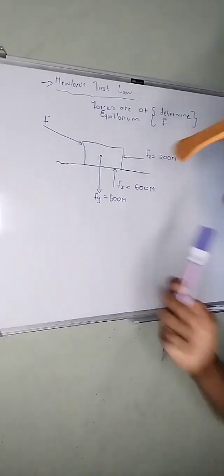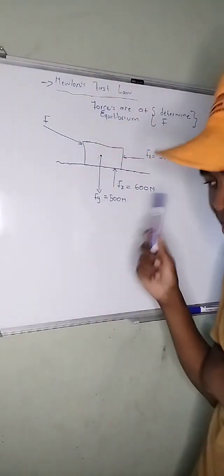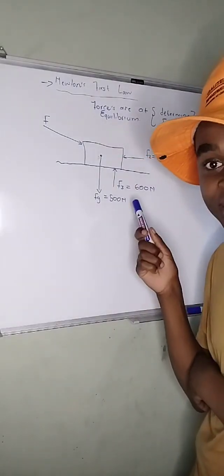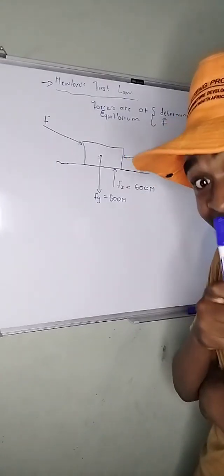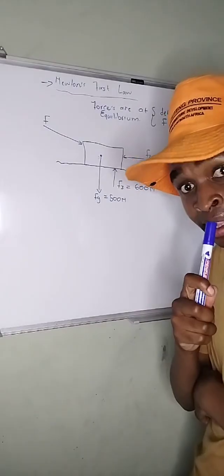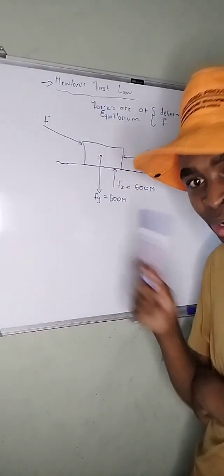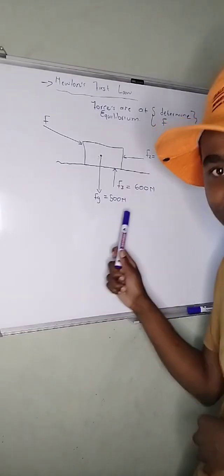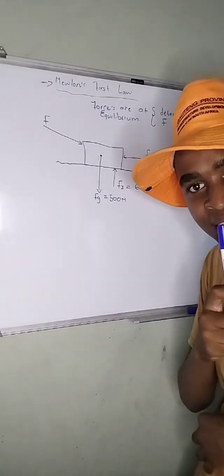Who can tell me what would be the reason for this normal force to be greater than Fg?